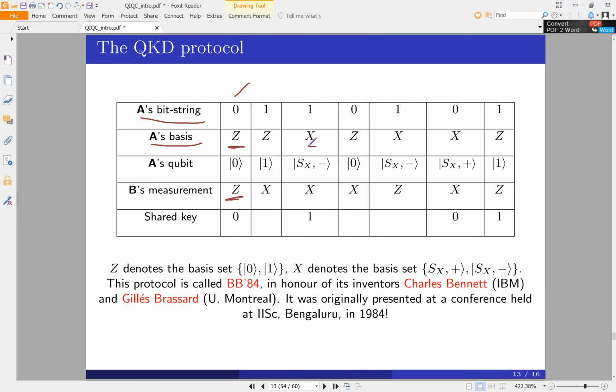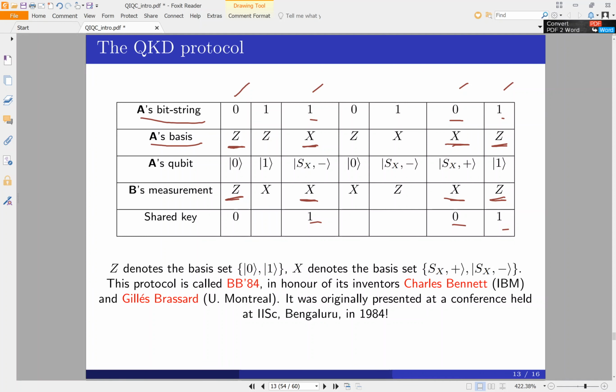The third instance, again, their basis choices match. So once again, you will find that the classical bits are correlated. So this again will contribute to the key. So you can look through this table and see that whenever their basis choices match, the classical bits are correlated, and hence in these instances, without really communicating the classical bit, but rather by making a random basis choice and by sending a quantum bit, they have managed to end up with correlated classical bits, right?